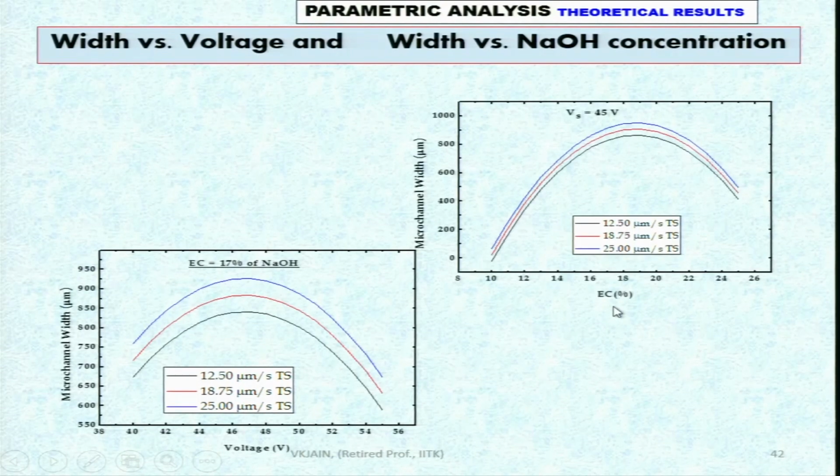Same way electrolyte concentration percentage and microchannel width, it is continuously increasing up to a certain point of concentration, because I have mentioned in case of electrochemical micromachining also, that the conductivity of the electrolyte increases up to a certain concentration, and if you increase the electrolyte concentration beyond a certain point, then conductivity starts decreasing, and that is the result that the microchannel width is also decreasing beyond a certain value of the electrolyte concentration.